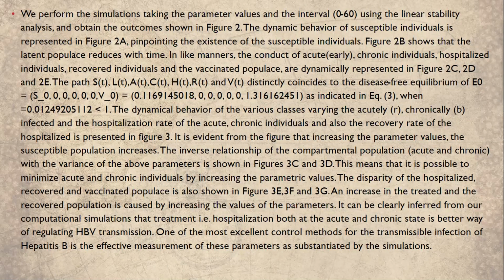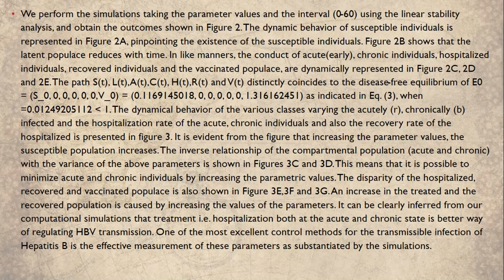The display of the disparity of the time for recovered and vaccinated is shown in figures 3E, F, and G. An increase in the parameter will increase the recovered population.